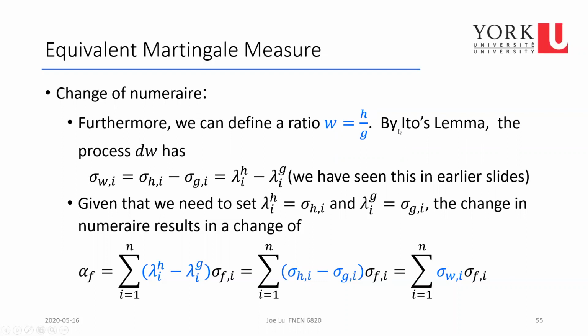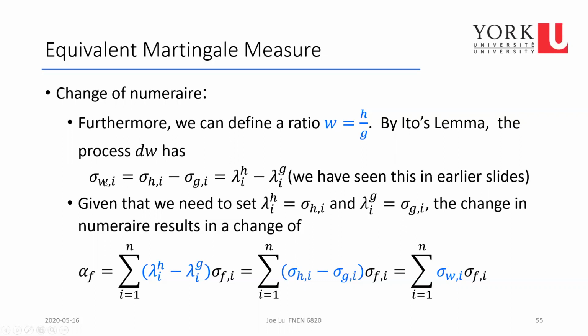Just use Ito's lemma and derive it for yourself. You will see that the volatility of W is really the difference between sigma H minus sigma G for each of the factor I.